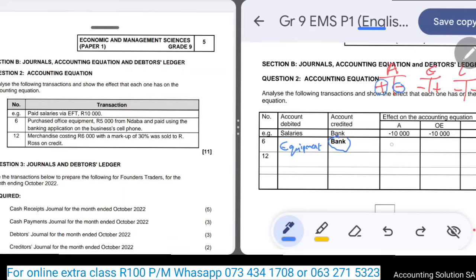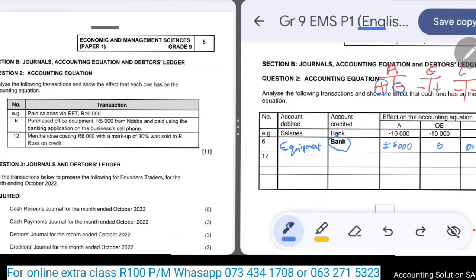So this is how you must write it. The one is plus, the other one is minus, and it's going to be 5,000. The minus is representing bank, the plus is representing equipment. We don't have any other thing on these two. Okay, so that's how you do this one.